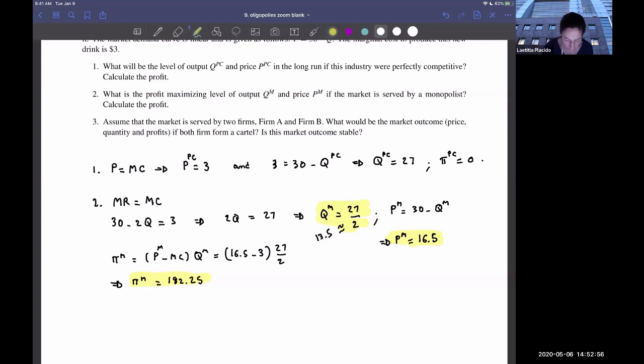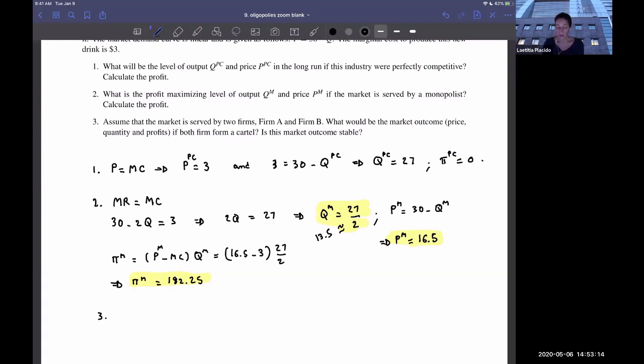All right. So now let's move to question 3. Assume that the market is served by 2 firms, firm A and firm B. What would be the market outcome if both firms form a cartel?